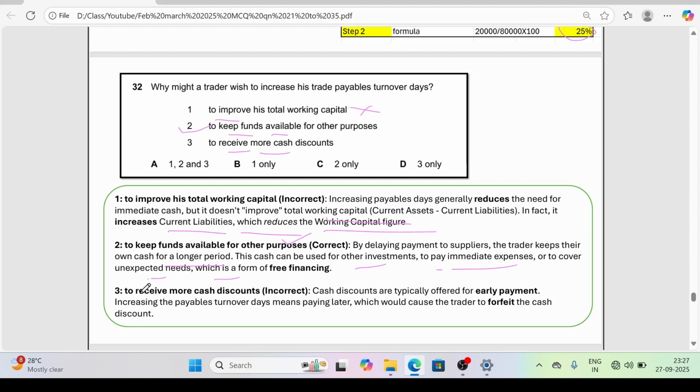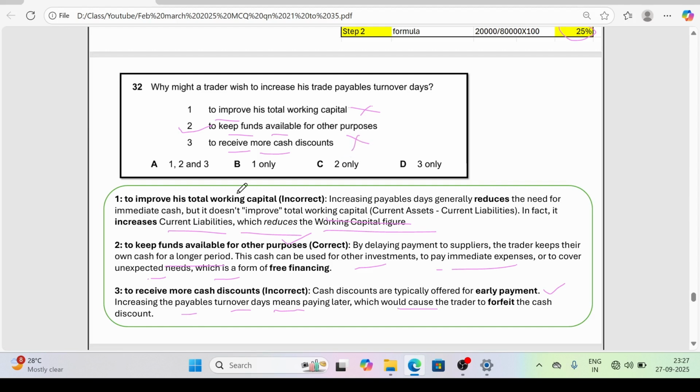Then the third one, to receive more cash discount. This is incorrect. Reason: cash discounts are typically offered for early payment. Increasing the payable turnover days means paying later, which could cause the trader to forfeit the cash discount. That's why this is also incorrect.